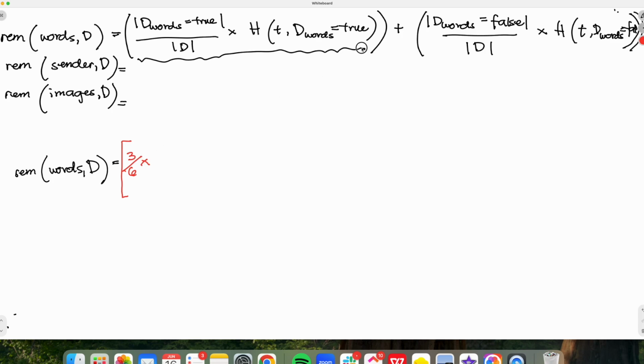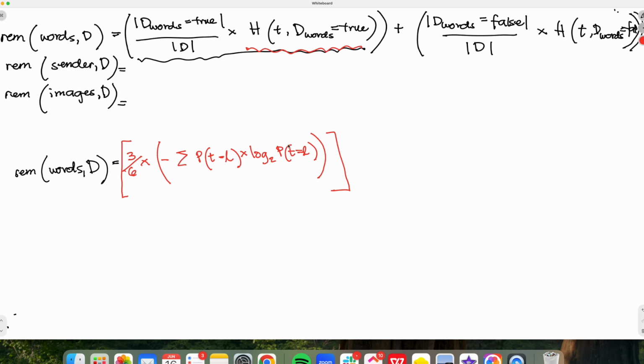Times the entropy, which is this one. So we should solve for the entropy. You should remember how to solve the entropy. The summation of the probability of the target feature equal to L times log base 2 of the probability that T is equal to L. And that is the entropy.